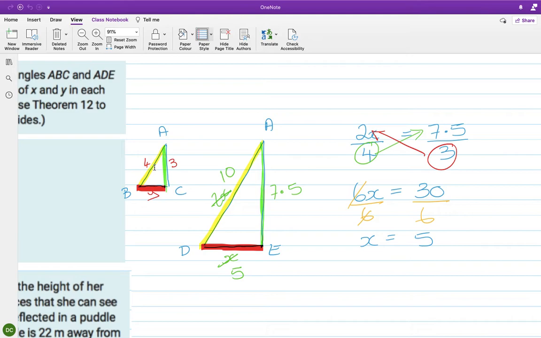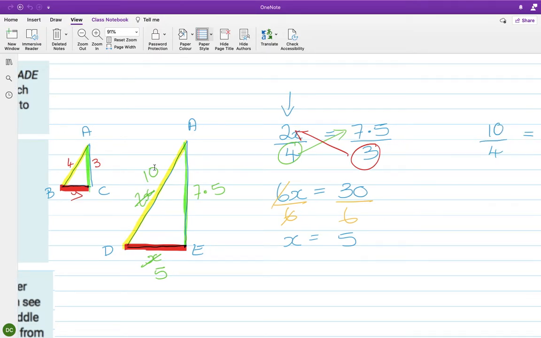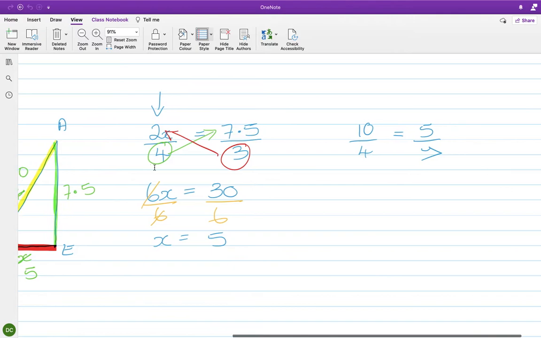Okay, so I'm going to create another fraction. So the same one that I started with here, 2x over 4, but it's now 10 over 4. Okay, so I've got that there. And then I need to use the y, so 5 over y. Big triangle over little triangle, 5 over y are corresponding.